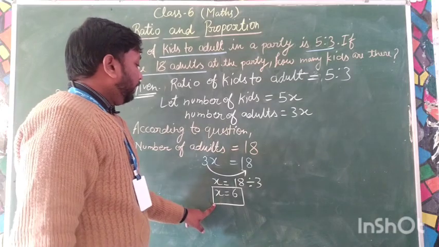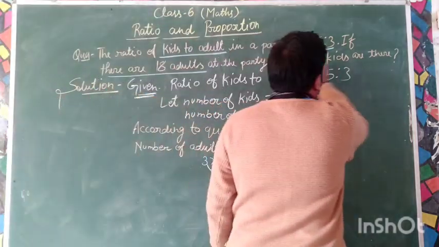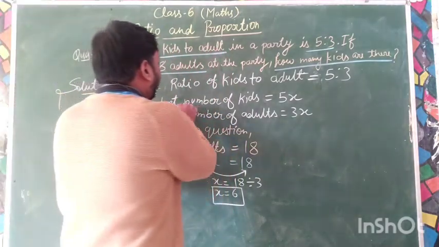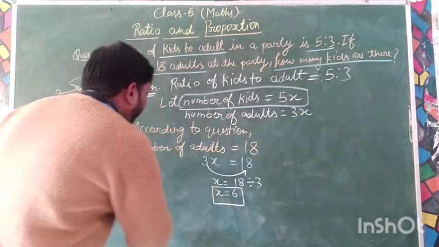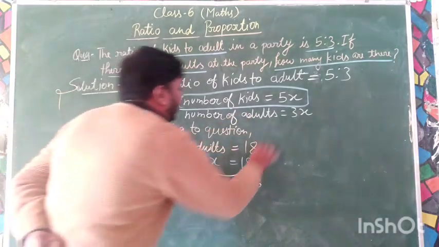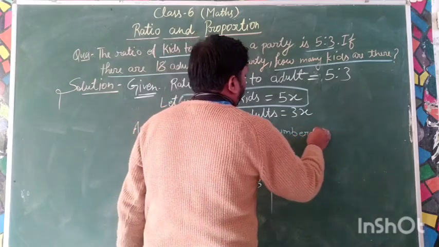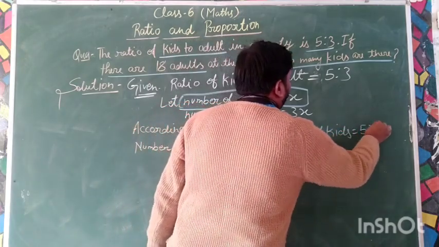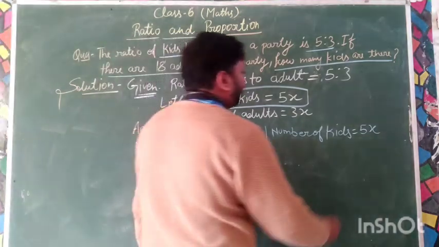So moving on, we have to find how many kids are there in that party, and we have assumed that the number of kids in the party is 5x. So here we write number of kids which is equal to 5x, and we have found the value of x is equal to 6.